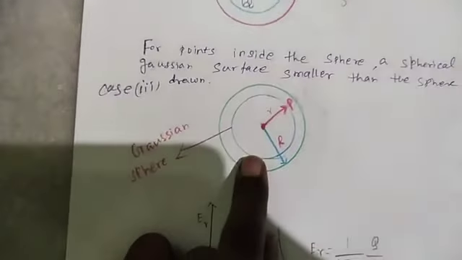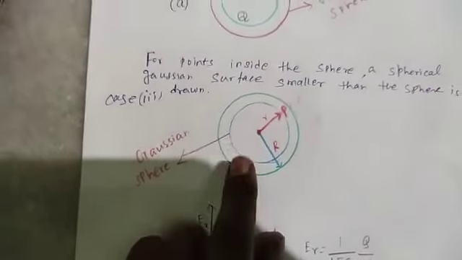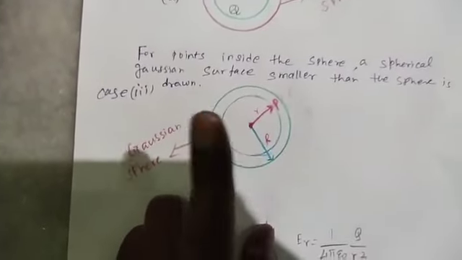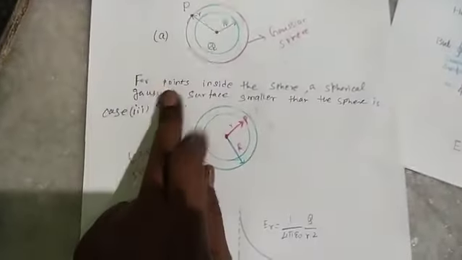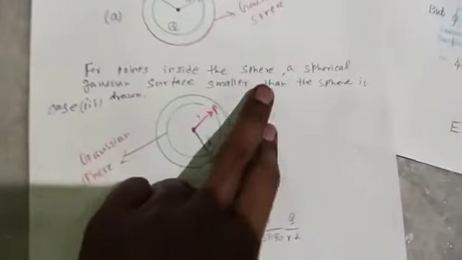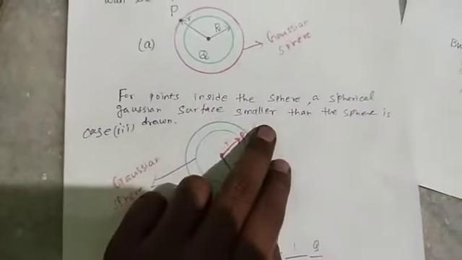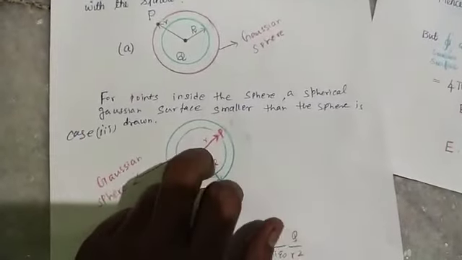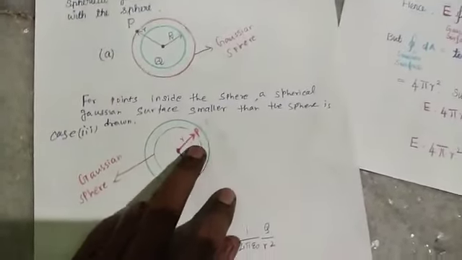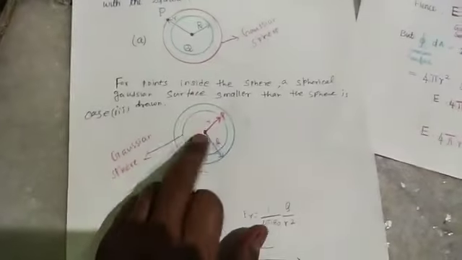The blue color is the Gaussian surface, or Gaussian sphere, considered inside the cell, because for points inside the sphere, a spherical Gaussian surface smaller than the sphere is drawn. So the Gaussian surface is smaller than the spherical cell, because the Gaussian sphere is inside the cell.